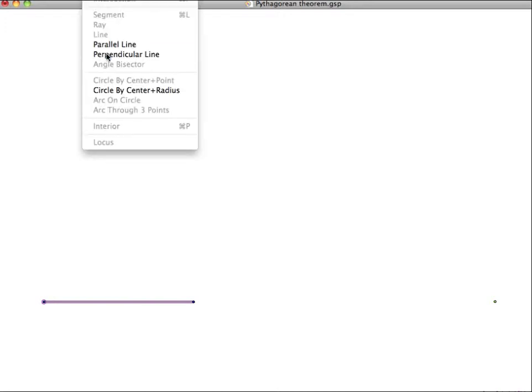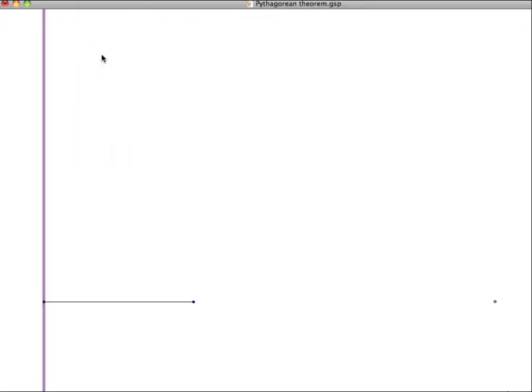Garfield began his proof by constructing a right triangle. He did this by constructing a line segment and then constructing a perpendicular to this line segment. It's important to note that this angle is 90 degrees, and we know that because we have this line and this perpendicular line.